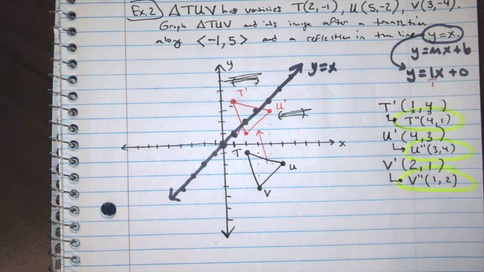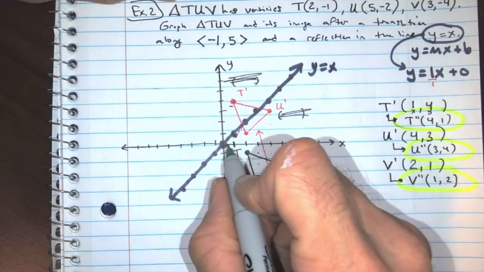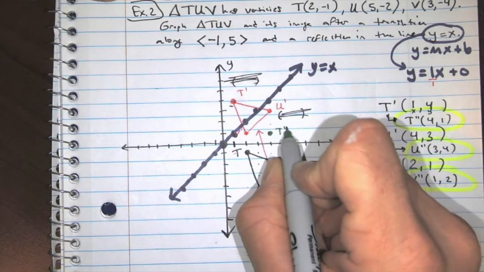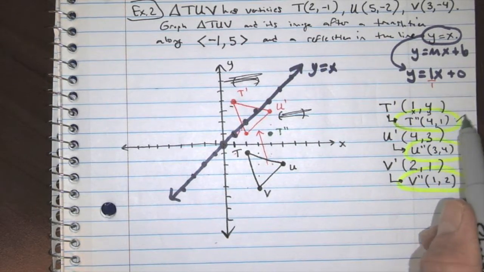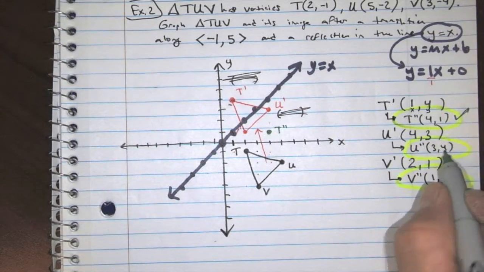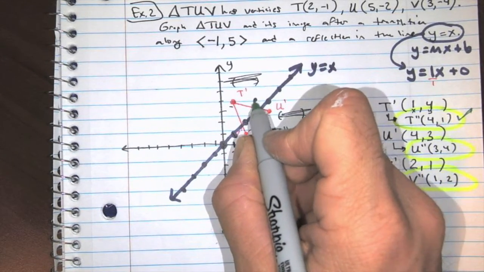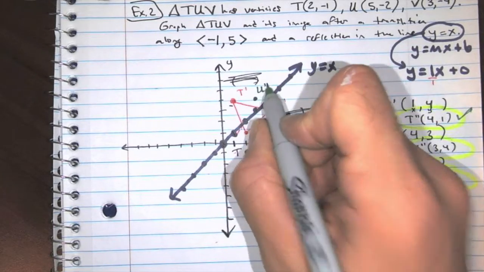And I got so many colors going on up here right now. Let's go green Sharpie. Alright, I need to go over 1, 2, 3, 4, up 1. There's T double prime. Okay? Put a little check next to that. Over 3, up 4. 1, 2, 3, 4. There's U double prime.